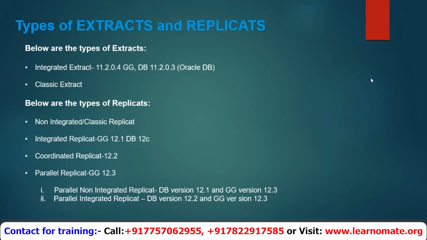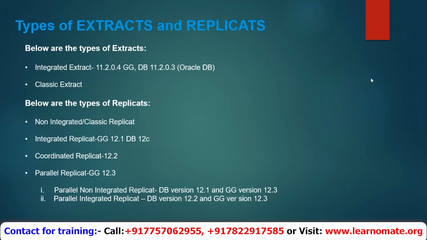There are two types of extracts: integrated extract and classic extract. The different types of replicates are classic replicate, integrated replicate, coordinated replicate, and a new introduction, parallel replicate. Parallel replicate is again of two types: parallel non-integrated replicate and parallel integrated replicate.